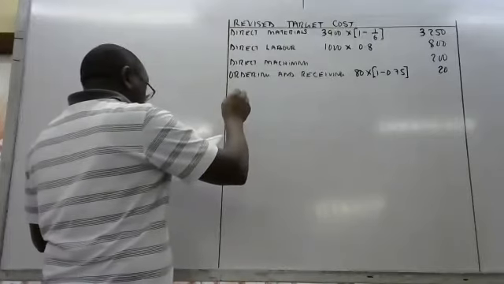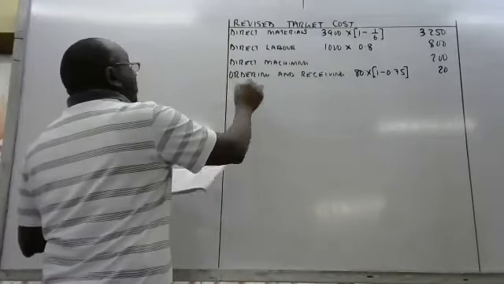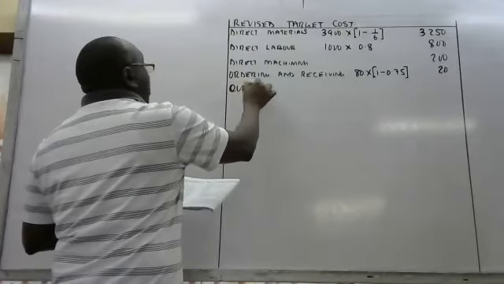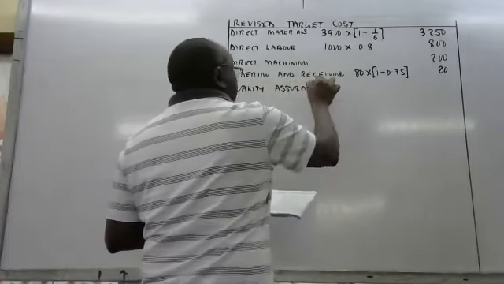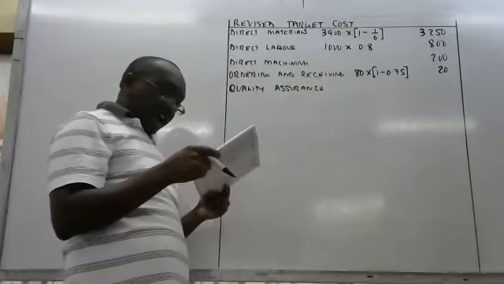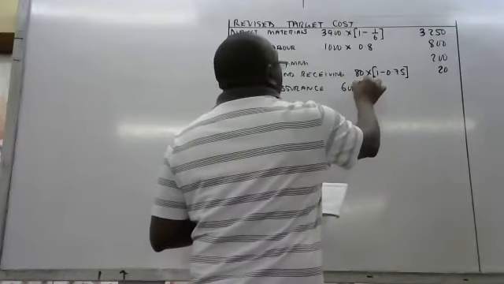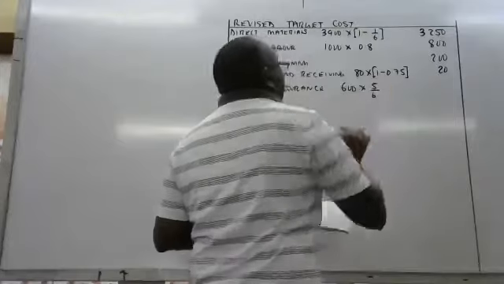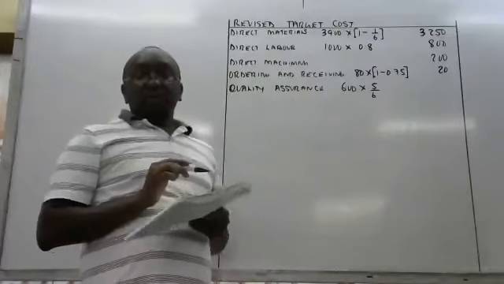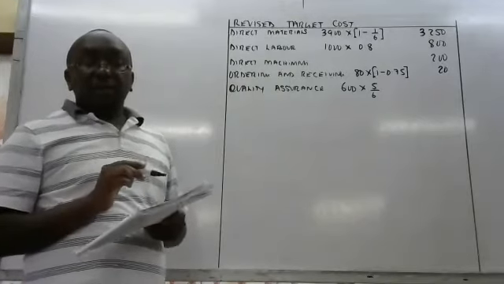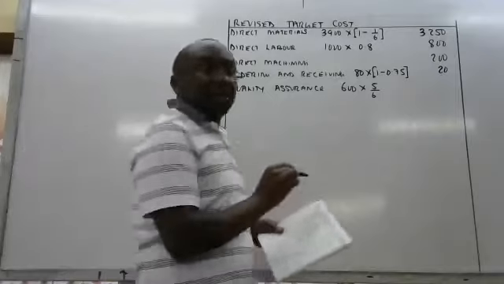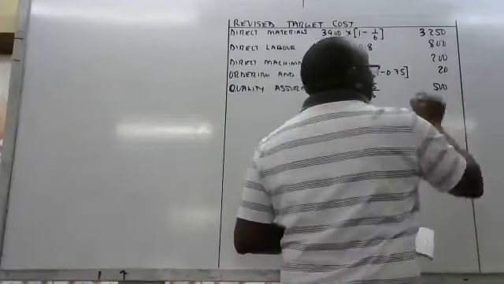Then quality assurance. According to information 5, it is reduced to 5 out of 6 of the original. It is 600. So multiplied by 5 out of 6, that would give us what? Harrison, Christine, I need your responses. Good. Yeah, I can see Sylvia and Adam.